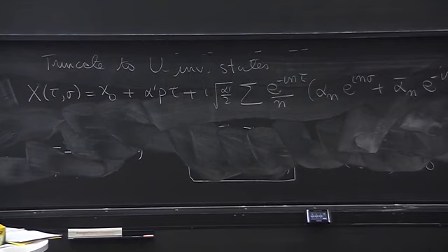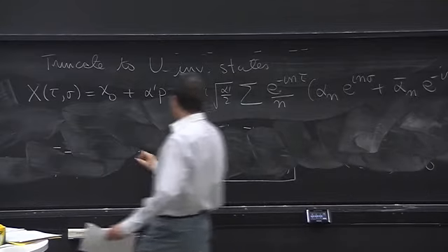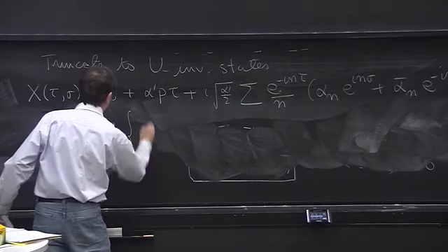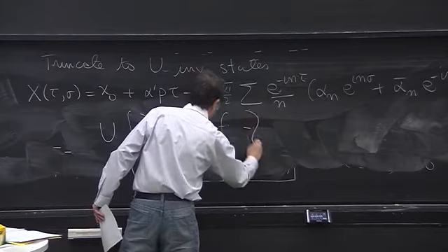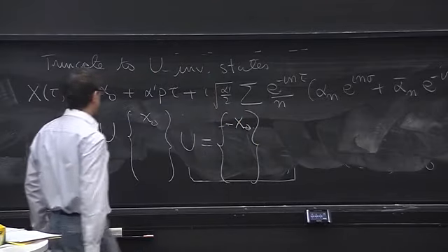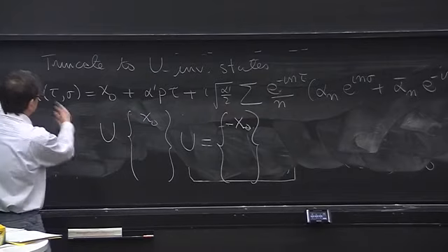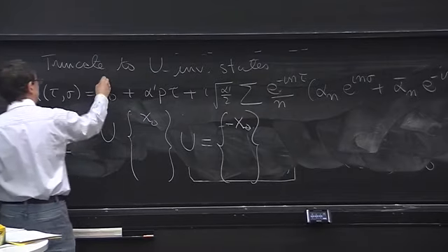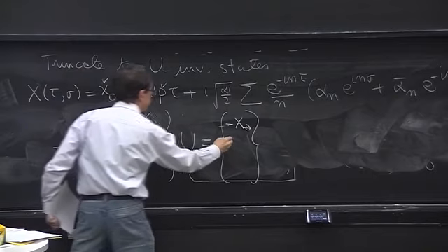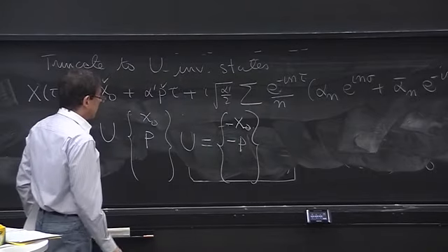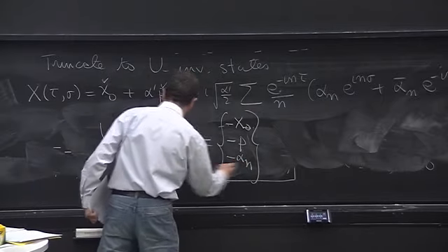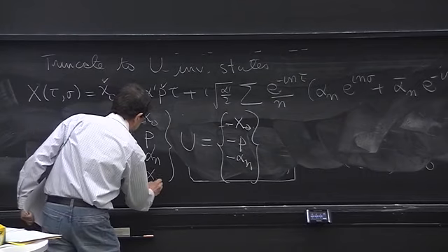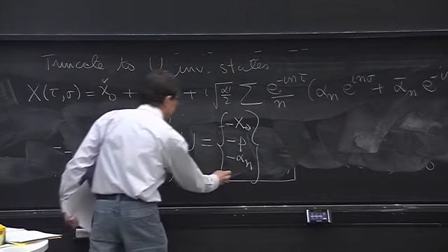Well, if U does this, it's clear that U acting on x0 should give you minus x0. Because if U acting on this is supposed to give you minus x, the operator here is x0. Here is p, so acting on p must give you minus p. Acting on alpha n has to give you minus alpha n. And acting on alpha bar n is going to give you minus alpha bar n.